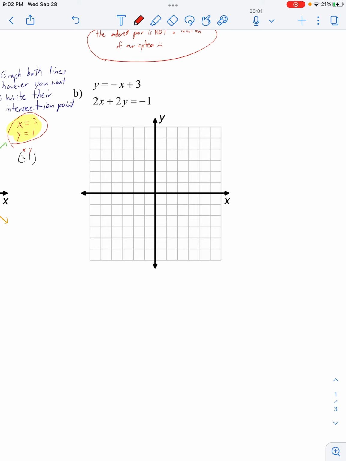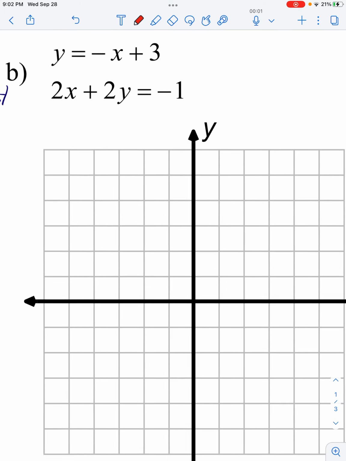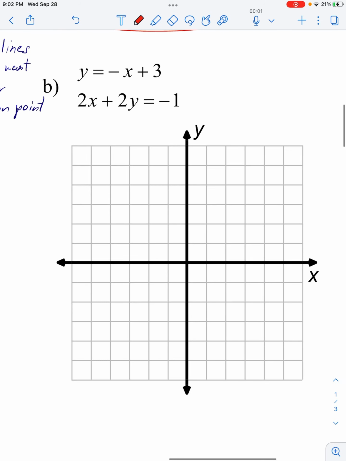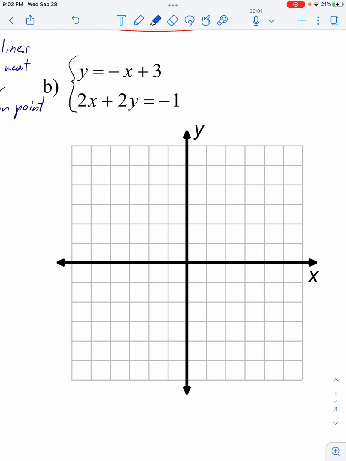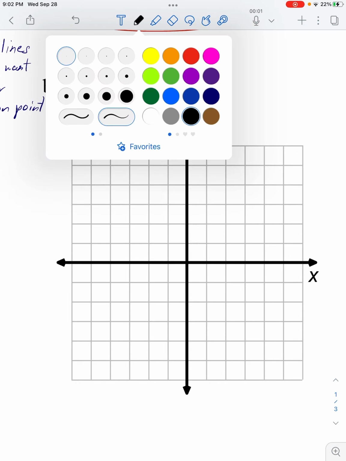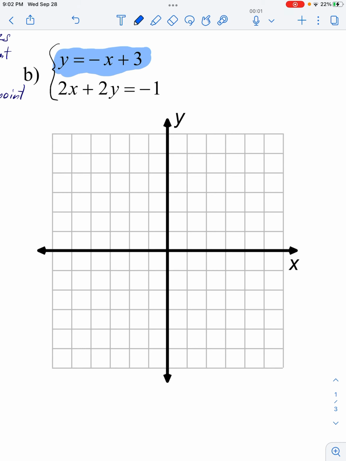All right, so y equals -x plus 3, and 2x plus 2y equals -1, okay? I don't like working with fractions, so this first line right here, let's do this one in blue. I'm going to graph this line. It's already in slope-intercept form. There's no fractions, so I'm just going to graph it as is.